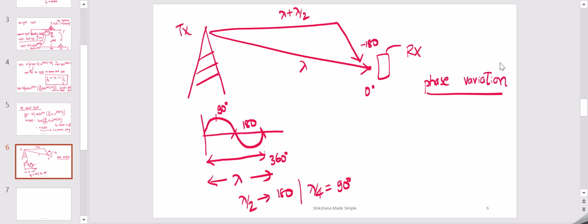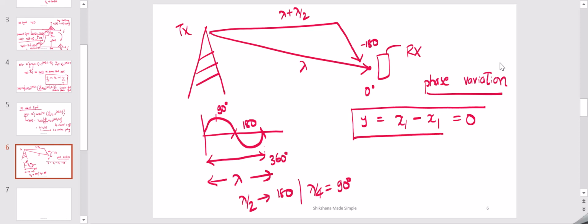So what happens if the same signal reaches here with a 180-degree phase shift? The first signal will be x1, and the second signal will be minus x1. So the received signal y will effectively be 0 if we have 180 degrees out of phase, right? This is nothing but destructive interference.